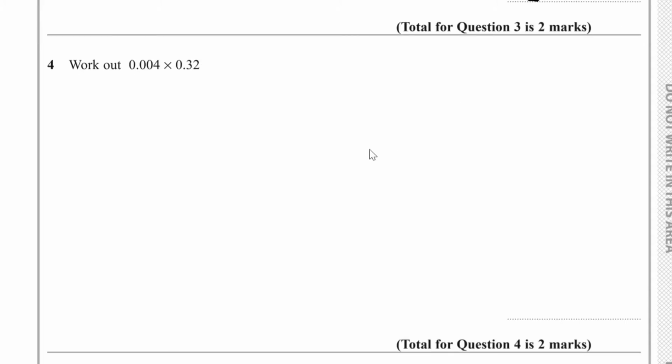Question number 4. We have to work out 0.004 times by 0.32. Well, we can rewrite this 0.004 as 4 over 1000. Then multiply this by 0.32. We can rewrite the 0.32 as 32 over 100.